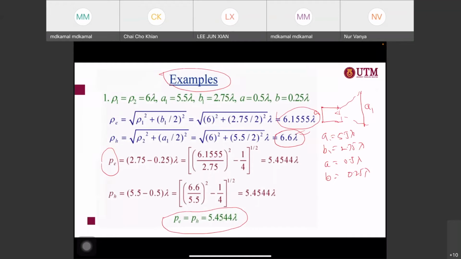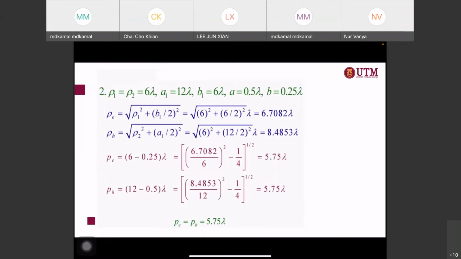As you can see, if you calculate these two values, PE and PH, based on the values you obtain, you can find the value is the same. So when PE is equal to PH, we found that this antenna is working well for the pyramidal horn type of antenna.